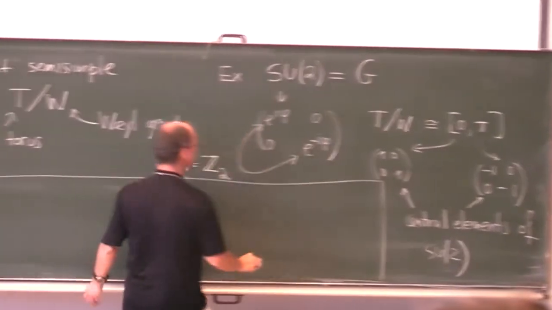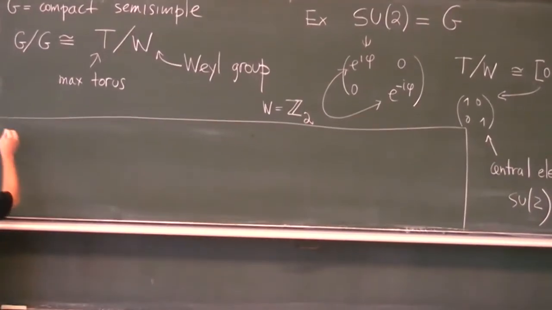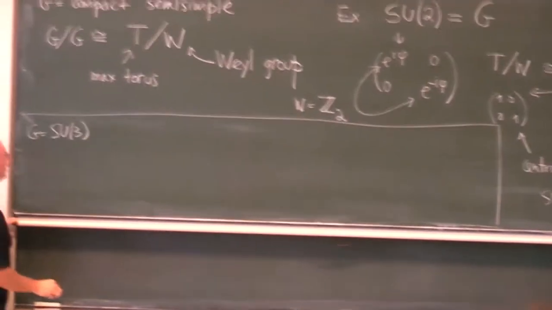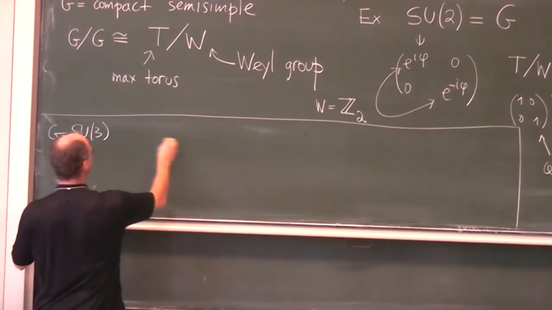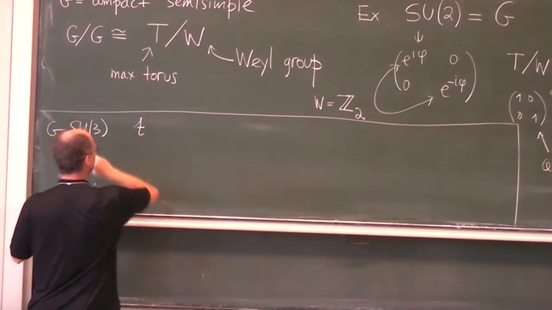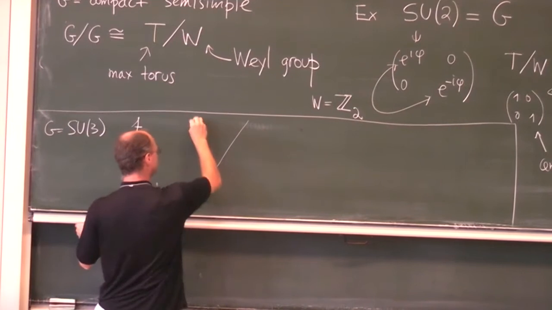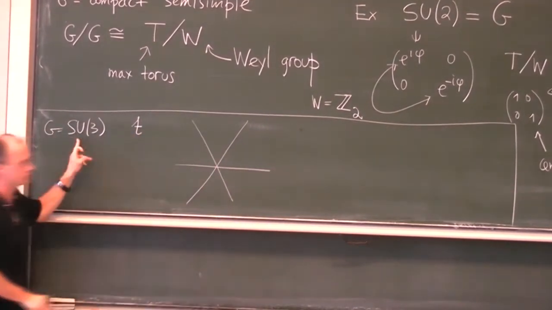Just to give you a glimpse into a more general picture, let's say G equals SU(3). Now I'm going to draw the picture for the Lie algebra of the maximal torus of SU(3).